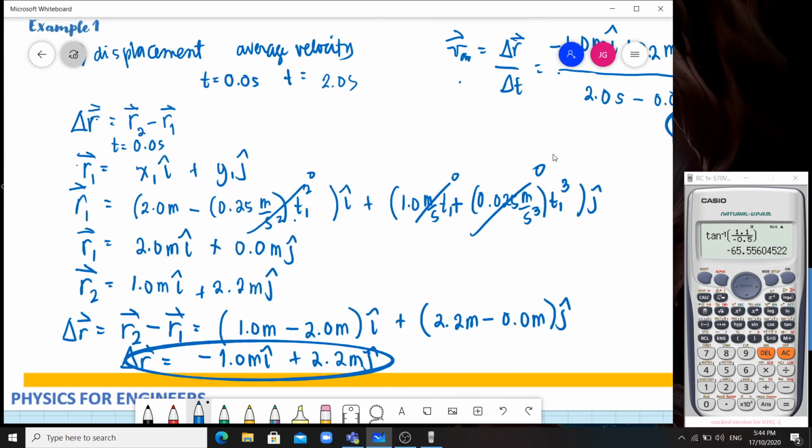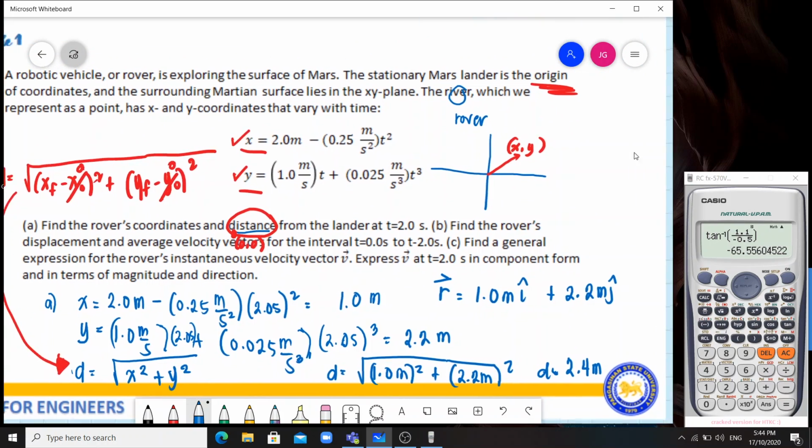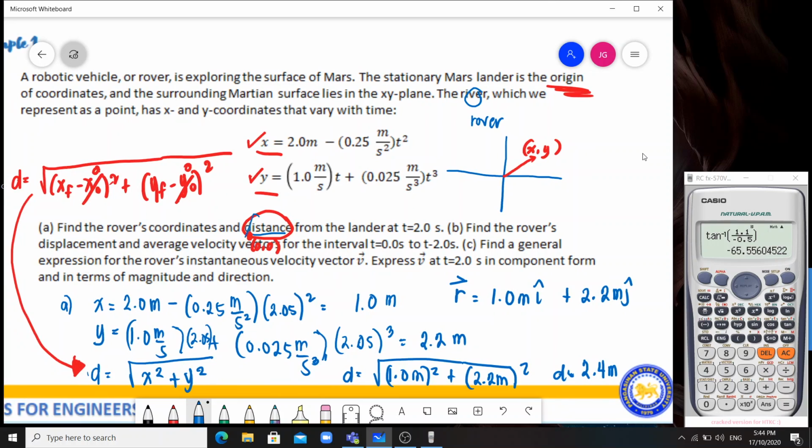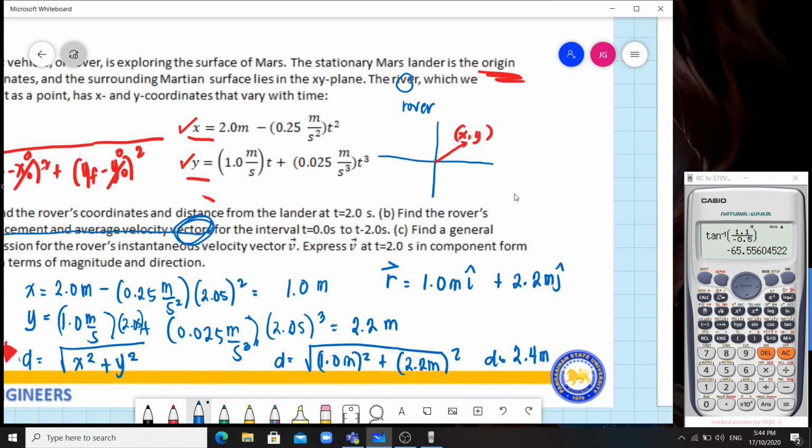Okay? Because what it says here is, find the rover's displacement and average velocity vectors. Vectors are what is being asked. So, when it is vectors, use unit vectors. Okay?